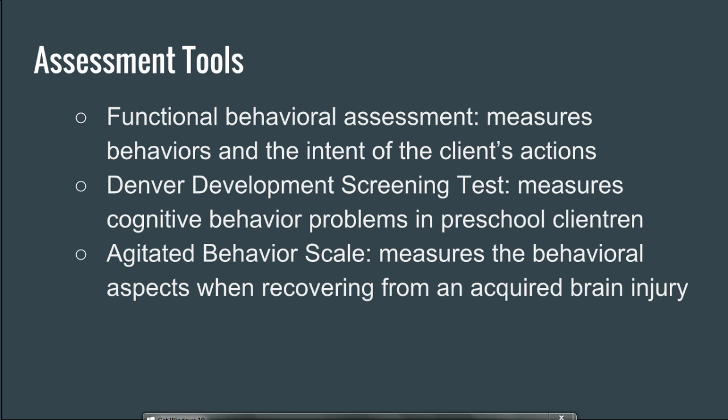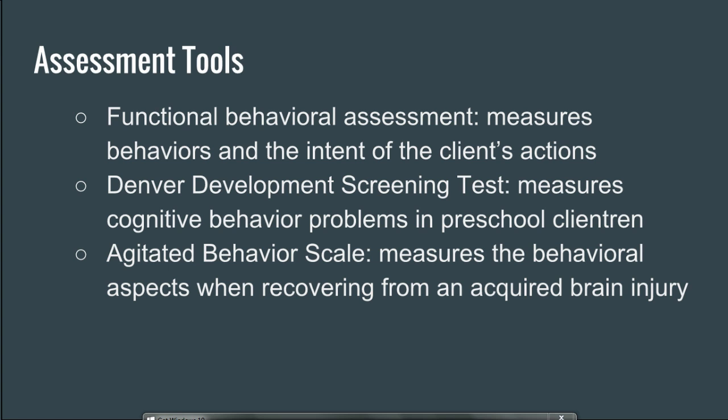There are a few different assessment tools utilized in this theory. That includes the functional behavior assessment, which measures behaviors and the intent of the client's actions, so why are they acting the way they are? And it has a set way to measure those behaviors.